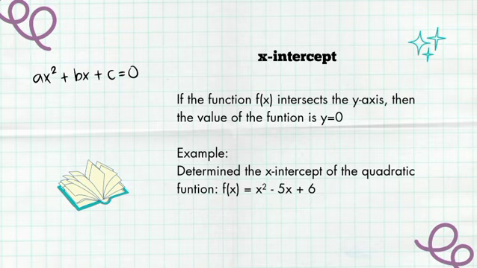To find the x-intercept, we replace f(x), or y, with 0.